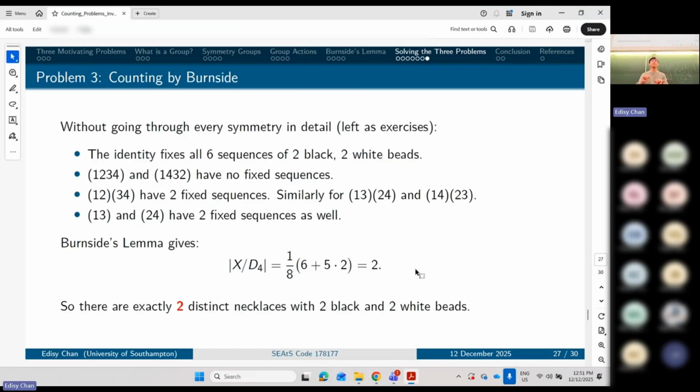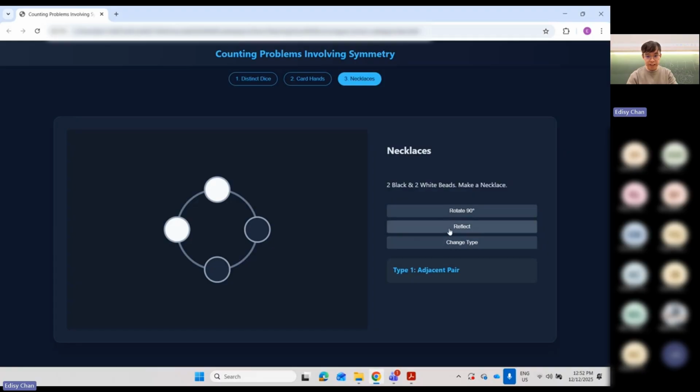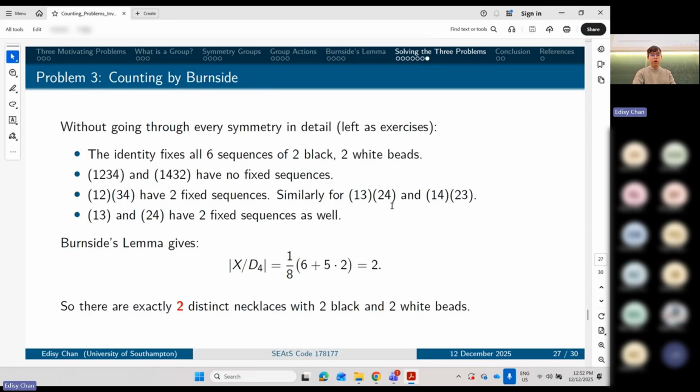It will fix two cases, 2 white 2 black, or 2 black 2 white. Similarly for the other reflection through 2 and 4. And finally, for the reflections across the diagonals, you can see that both of them will also have 2 fixed arrangements.